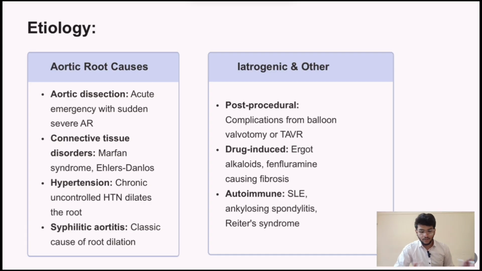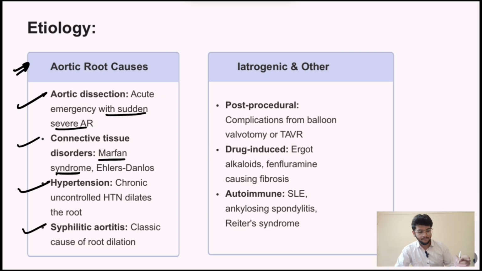The etiology continues with the aortic root causes. Aortic dissection is an acute emergency with sudden severe aortic regurgitation. Connective tissue disorders like Marfan syndrome and Ehlers-Danlos syndrome, hypertension, and syphilitic aortitis may cause aortic root disease.